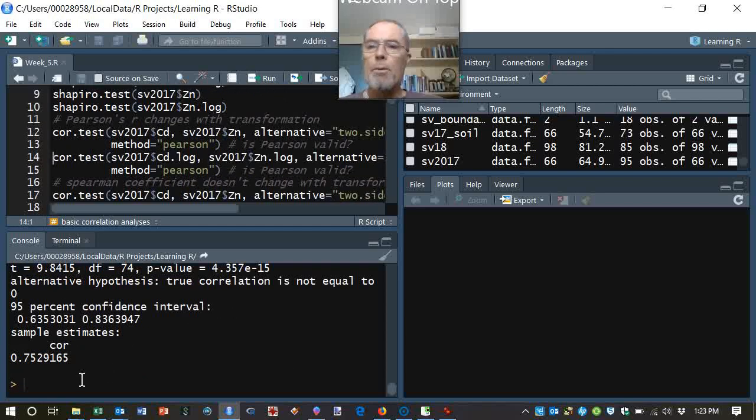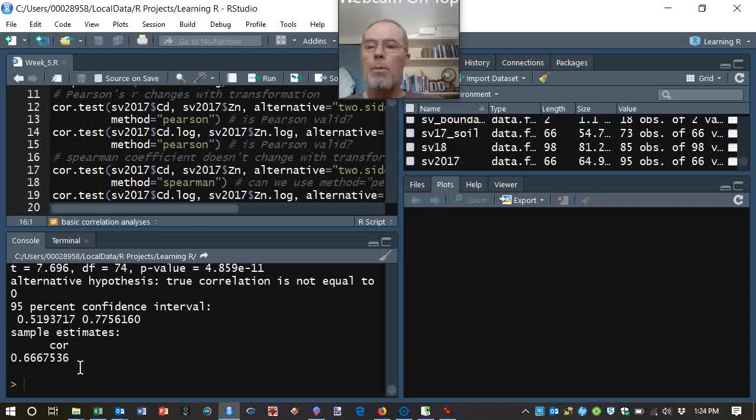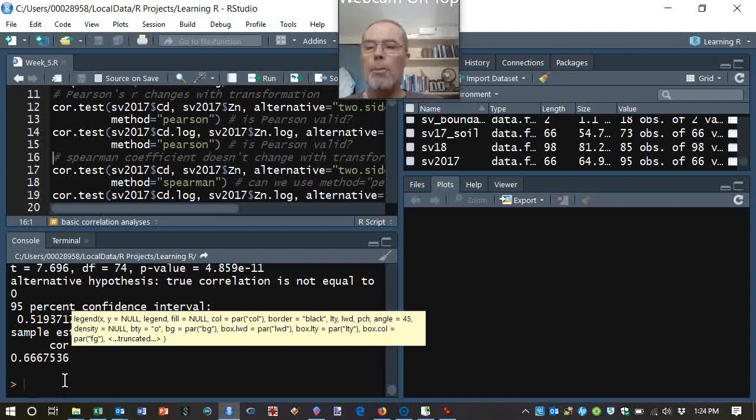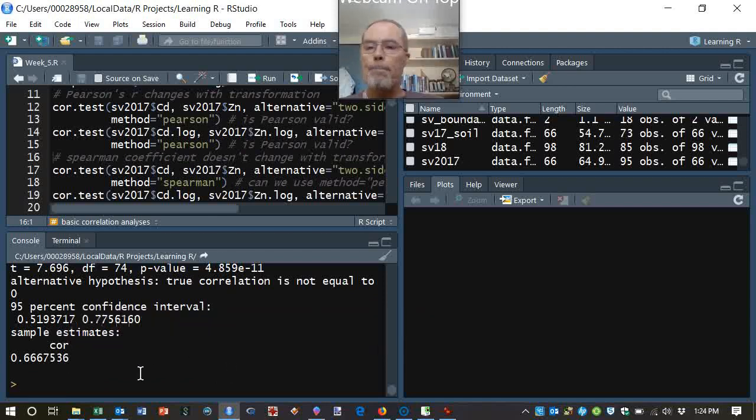With untransformed, which remember wasn't that valid, we get a correlation coefficient from our Pearson correlation test of about 0.75, but with correctly transformed variables, we get a bit of a lower correlation coefficient, so about 0.67 this time. And notice that the p-value associated with that allows us to reject the null hypothesis that there is no relationship between those two variables based on the subsample that we have in this data set.